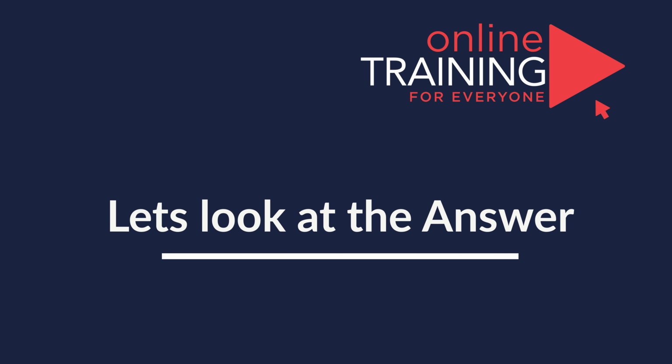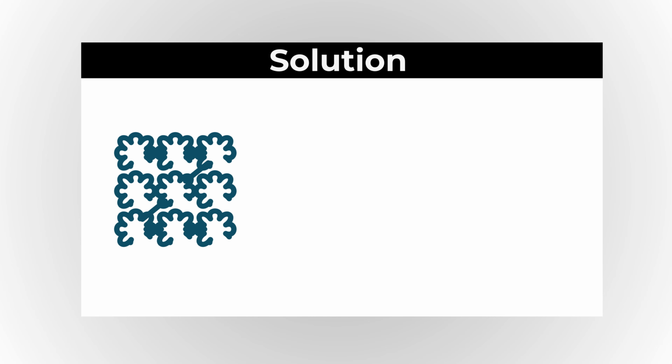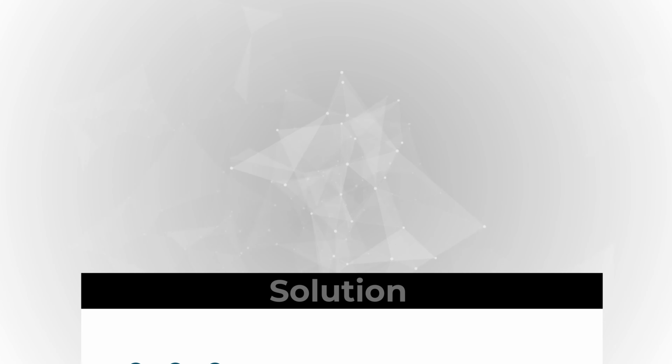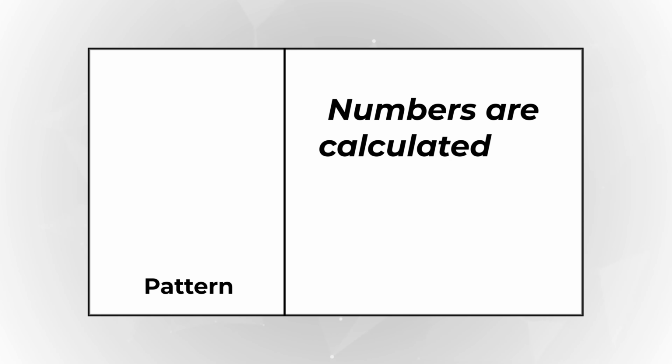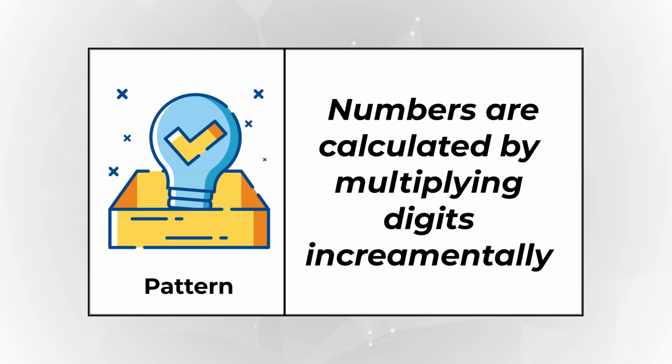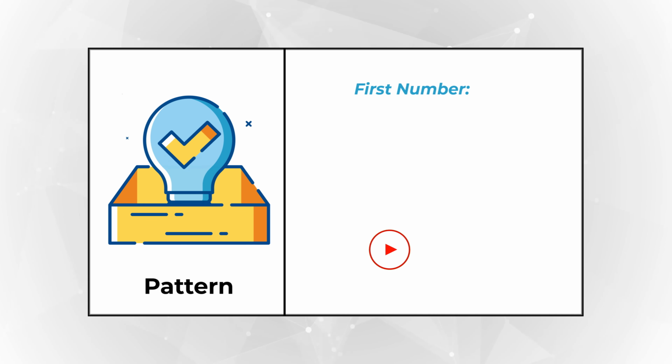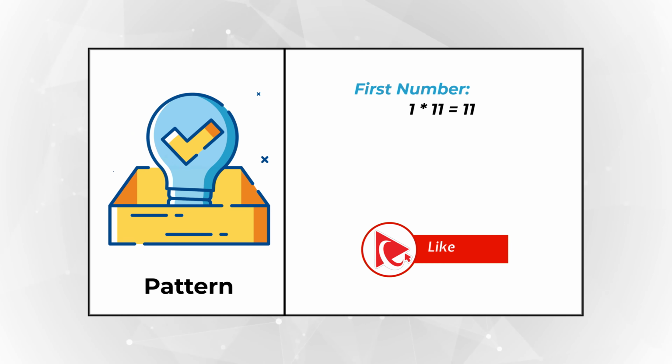And in fact, the solution for this problem is rather simple. You just need some creativity and energy to get it solved. My advice to you, always look for patterns. Let's look at the pattern for this particular question. The way the first 3 numbers are calculated is by multiplying the single digits incrementally. For example, the first number is 1 multiplied by 11, which is 11.